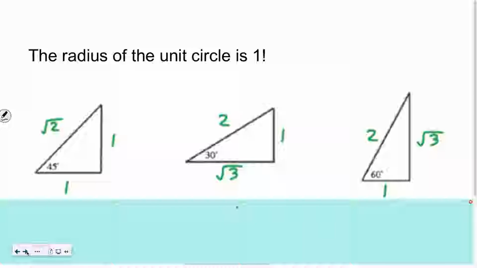So we got to think about a way that we can get a similar triangle, same shape, 45, 45, 90, 30, 60, 90, but a different size triangle so that its hypotenuse is equal to 1. Essentially what we want to do is, right now we've got a hypotenuse of square root 2, and then also a hypotenuse of 2, which both of those are greater than 1. We want to take those triangles and we want to scale them down. So anybody got an idea how we could scale down our hypotenuse?